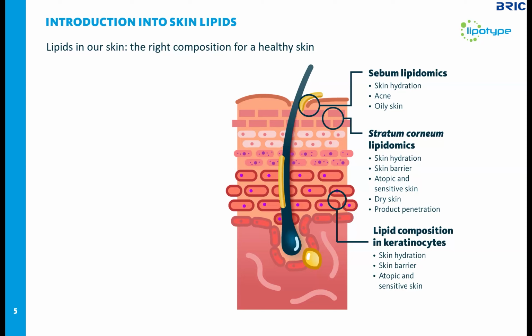On this slide, you see sebaceous or oil glands that are lying in the dermis, a lower layer of the skin, and these glands produce sebum. The function of sebum is to lubricate and make skin and hair waterproof, while also providing antimicrobial protection to protect against pathogens. And this is the first lipid matrix that we encounter on the surface of the skin.